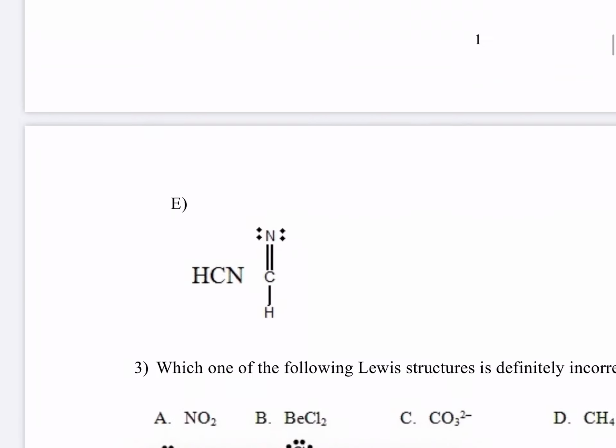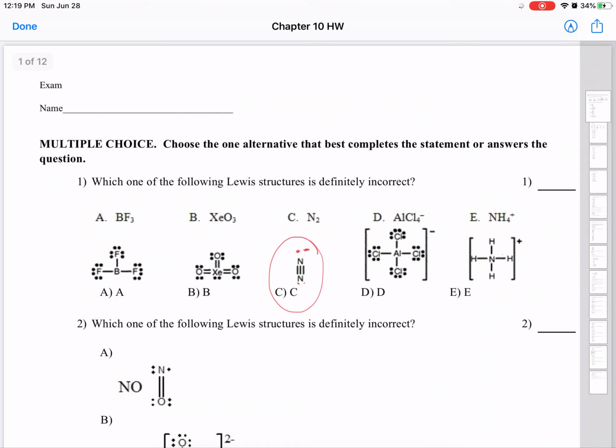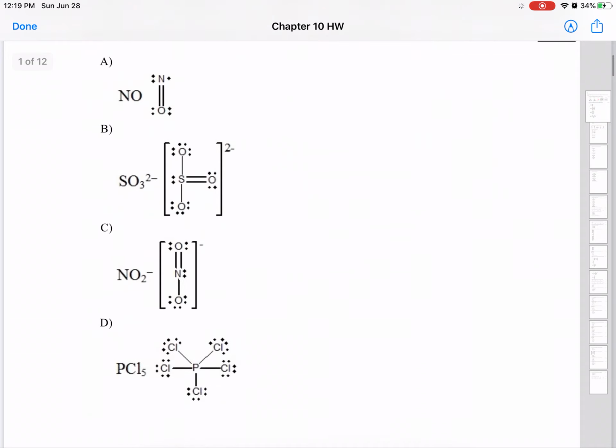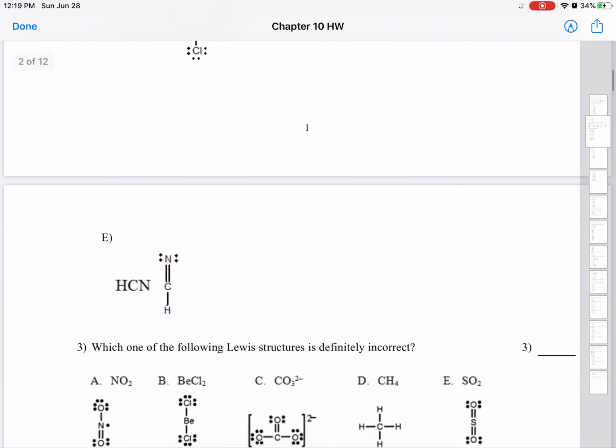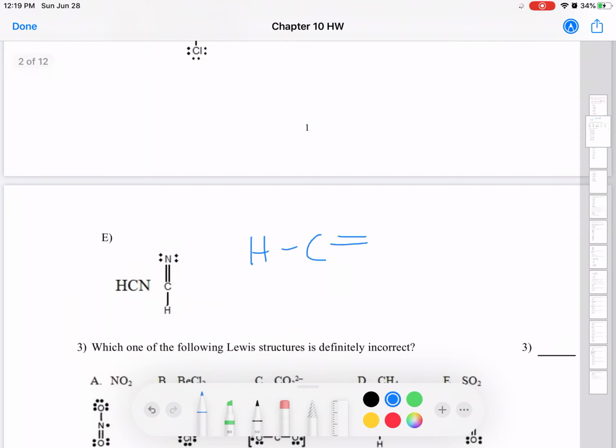If you draw the correct structure for hydrogen cyanide, it would be like this, HCN. Hydrogen, carbon, it needs to have a triple bond between carbon and nitrogen. So the incorrect structure is HCN.